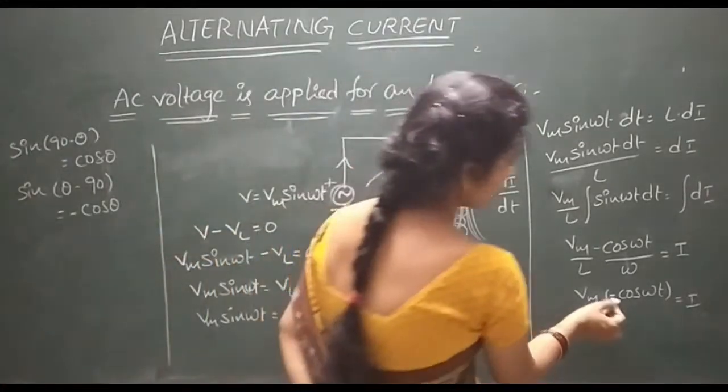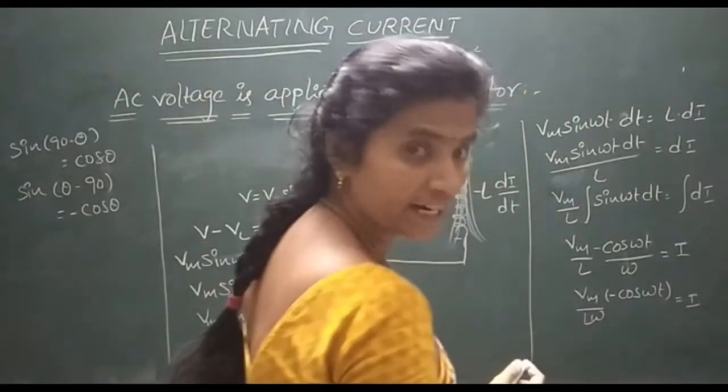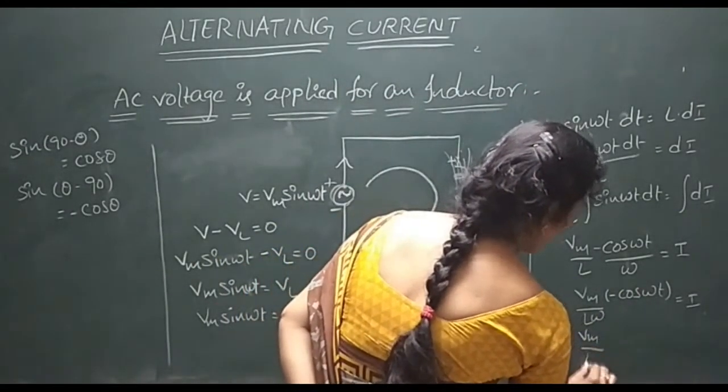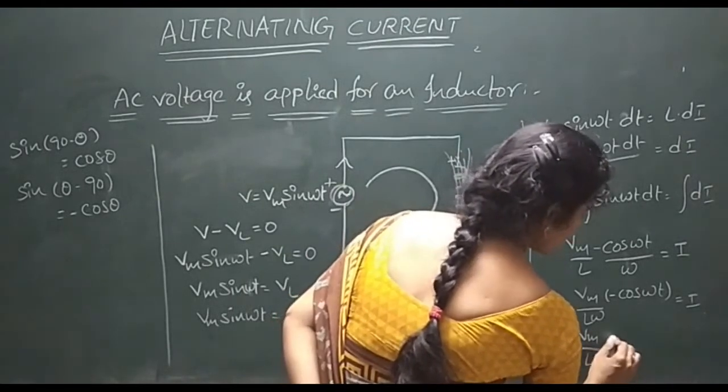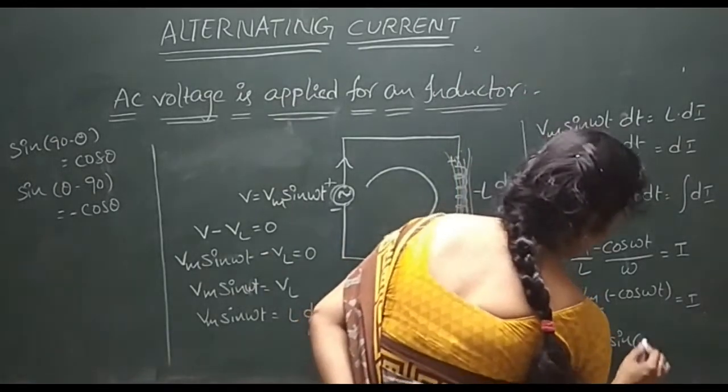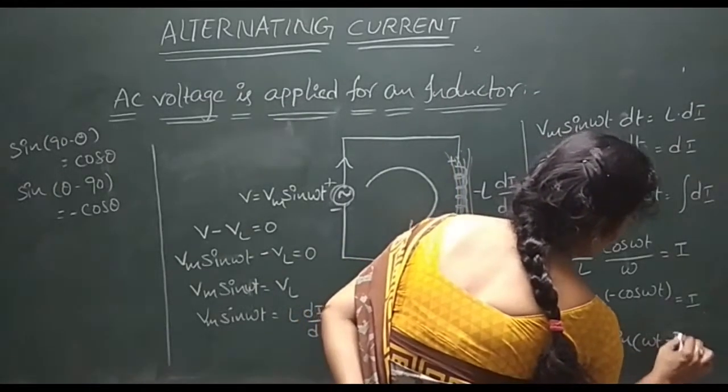So in place of minus cos omega t, what do we have to substitute? Vm by L omega sin omega t minus pi by 2.